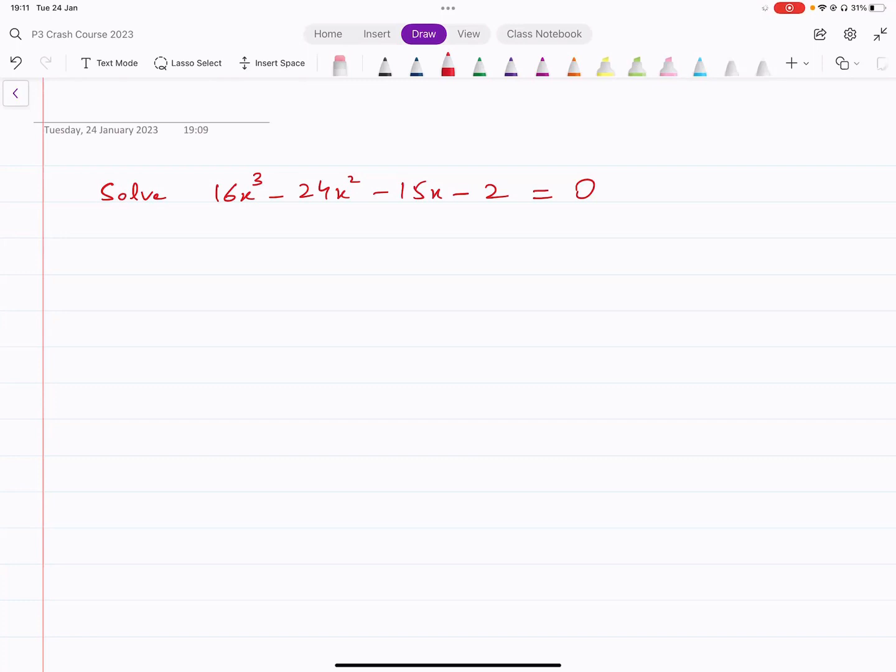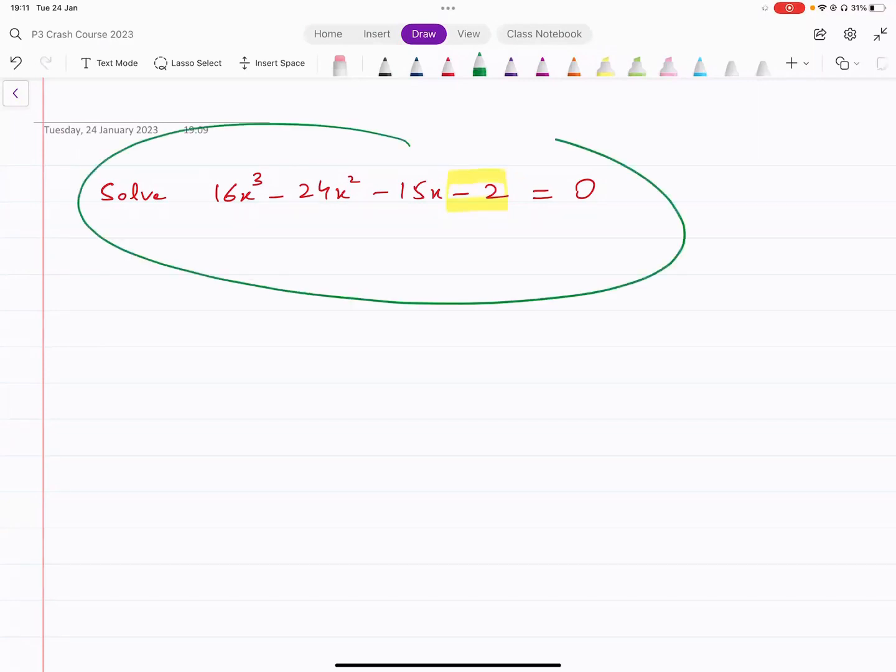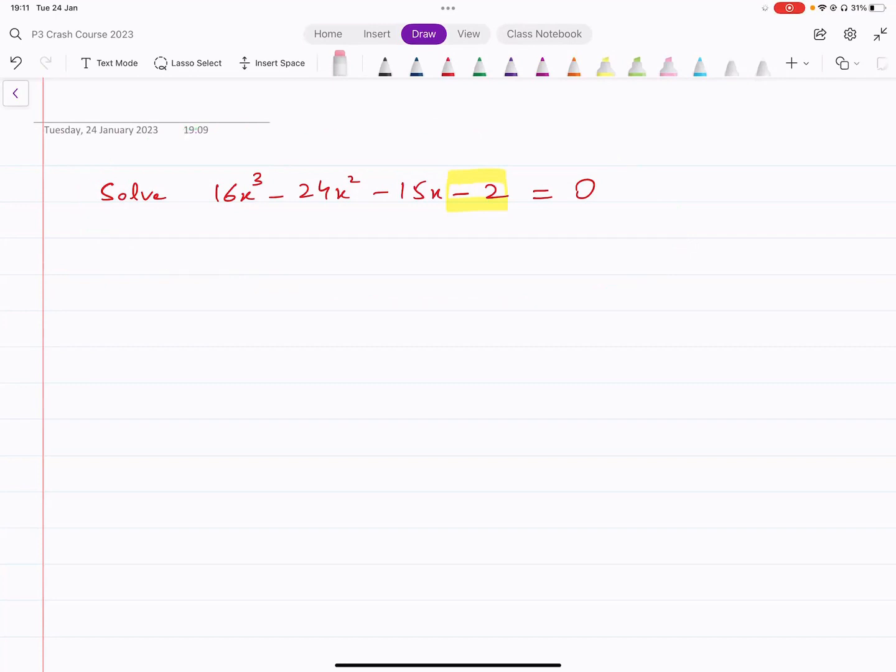And how does that work? You look at this constant term. The constant term here, which is minus 2. You look at this term. Whenever you get a question like this in which you have to solve this and they haven't given any factor, there would always be at least one integer solution for this equation, right? So maybe some integer solution.